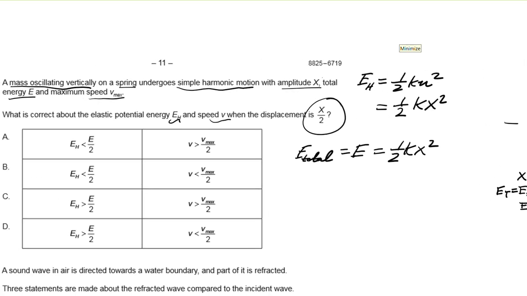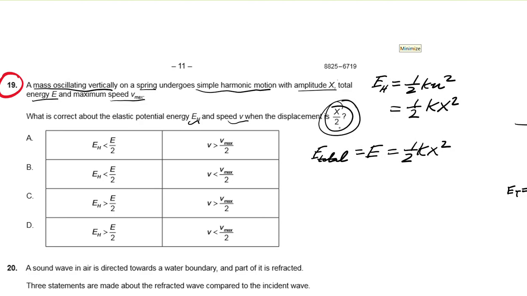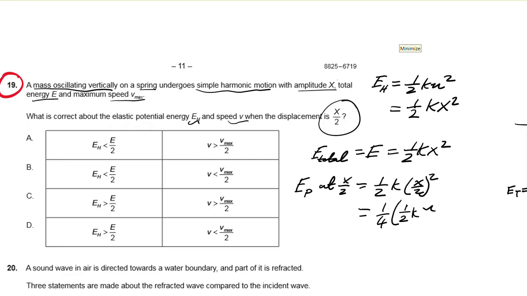But we also know that at x over 2 displacement, we're going to have kinetic energy as well, that this potential energy was converted into, right? So now we have E potential at x over 2 is equal to half k (x over 2) squared, and that is essentially 1/4 of half kx squared, right?